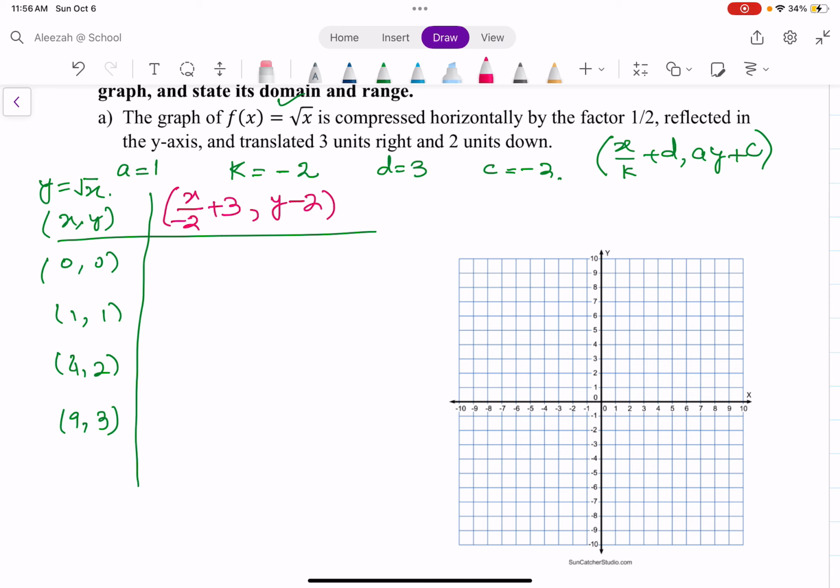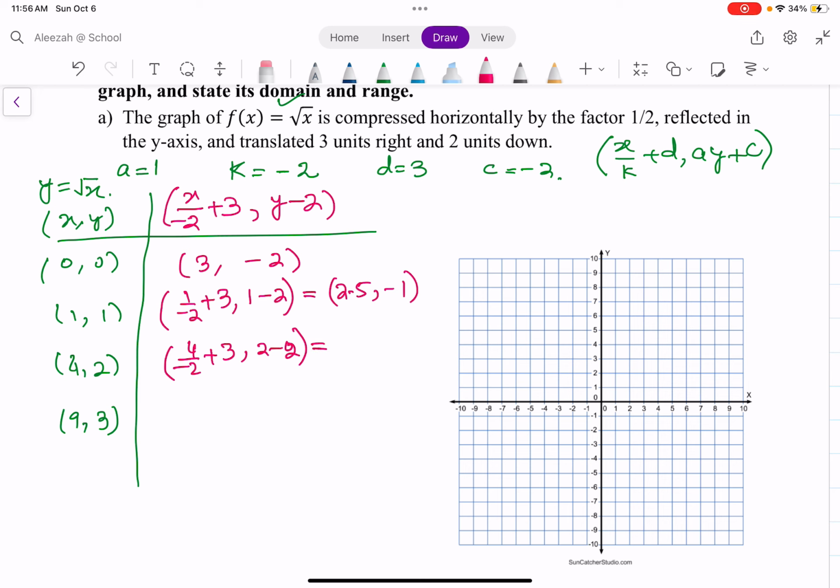So when x is 0, it becomes 3, and the y coordinate will be negative 2. When x is 1, it's 1 over negative 2 plus 3 and 1 minus 2. So that becomes 2.5 and negative 1. When x is 4, 4 over negative 2 plus 3, and 2 minus 2.